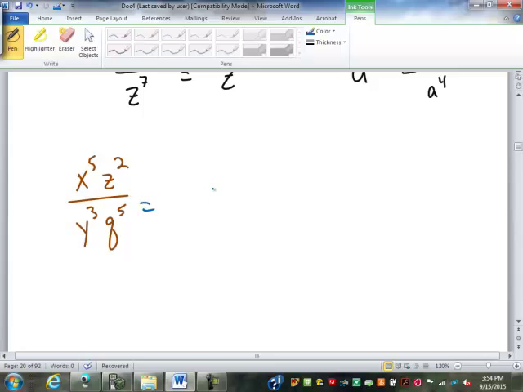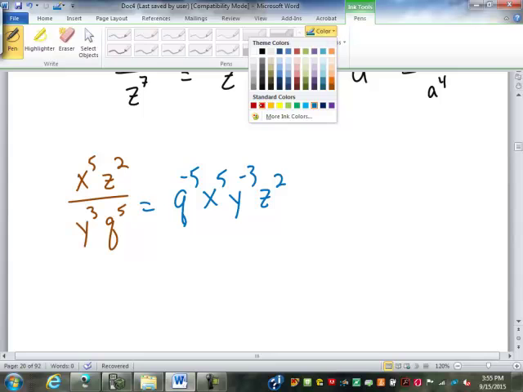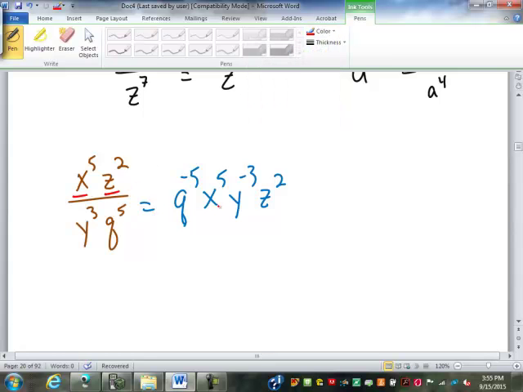It would be x to the 5th, y to the negative 3rd, z squared, and probably q to the negative 5th would go up front, because I should put my variables in alphabetical order. Notice the x and the z didn't change because they were already on top. The y and q were on bottom, so those became y to the negative 3rd and q to the negative 5th, because they were on the bottom of a fraction, or in the denominator.